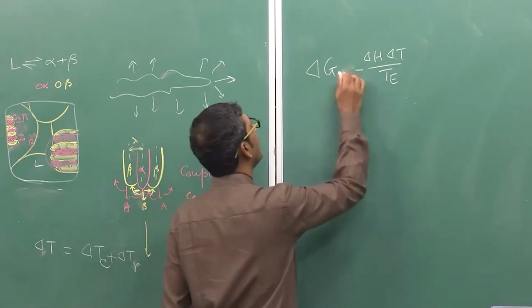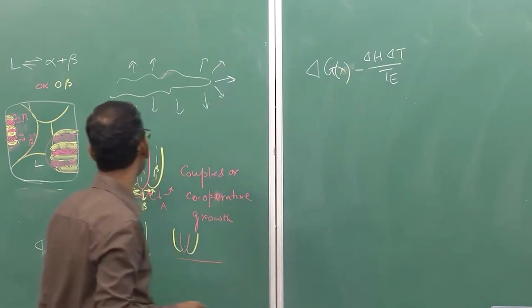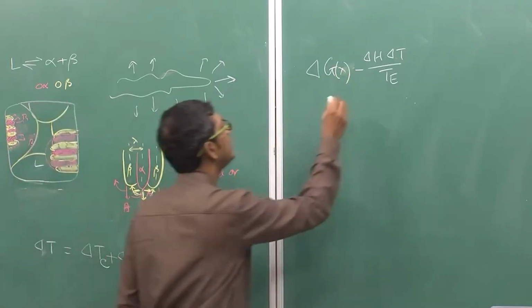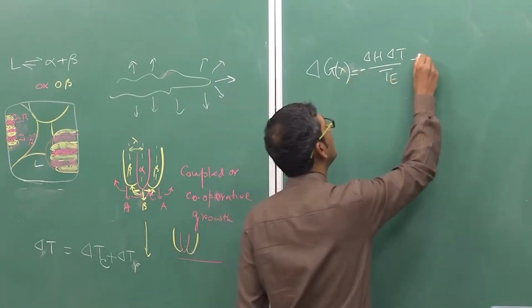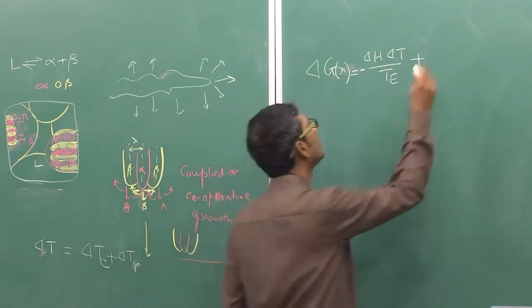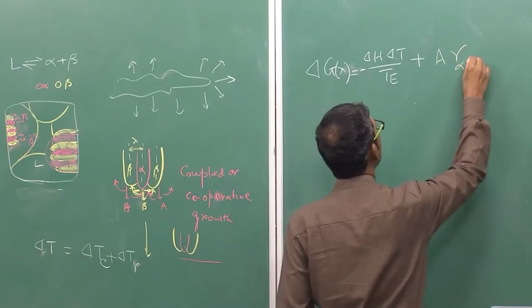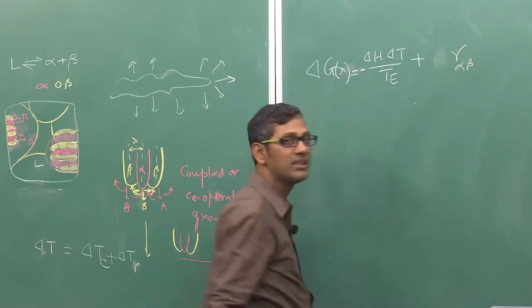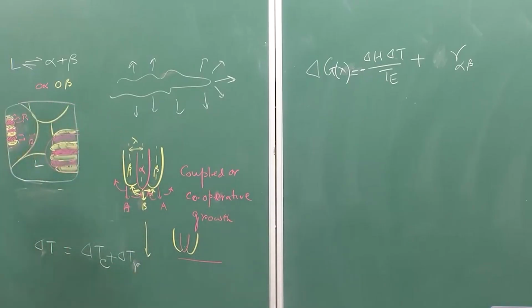So if I write down this as G when the interlamellar spacing is equal to lambda, G is equal to minus delta H delta T by Te plus the energy because of interfacial energy, okay. That we always write down as A gamma, right. So what is A here? Remember A is basically proportional to twice by lambda square.